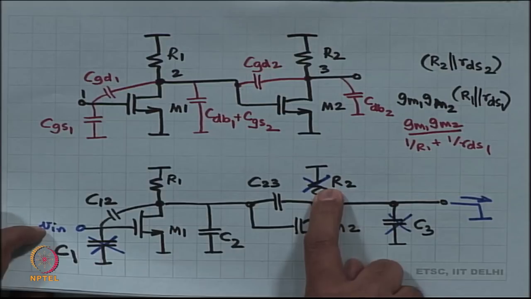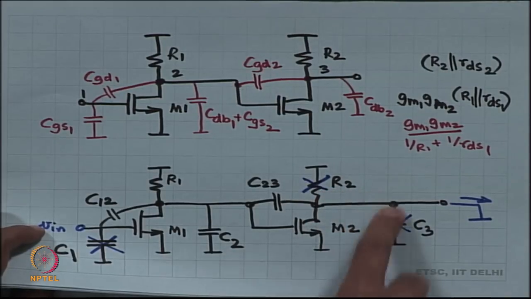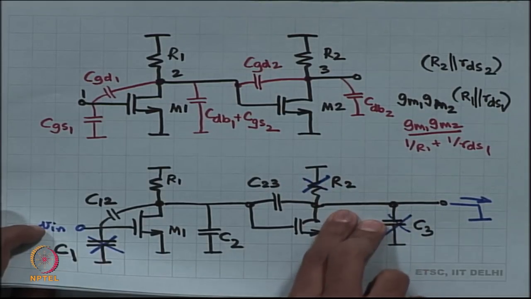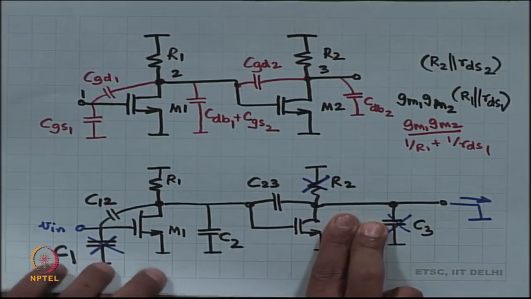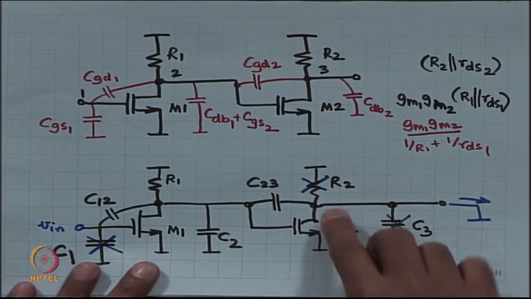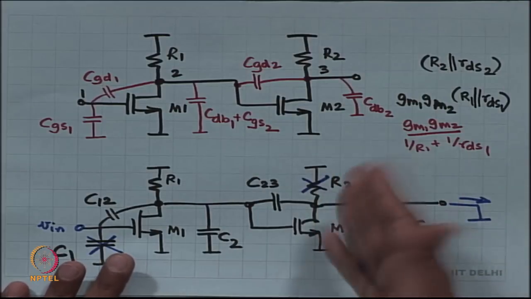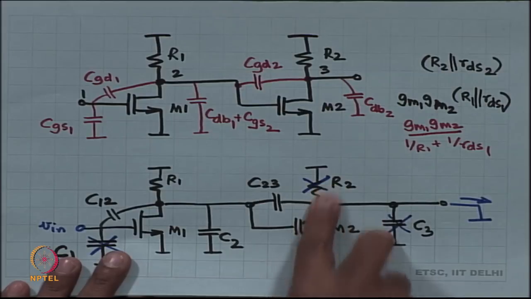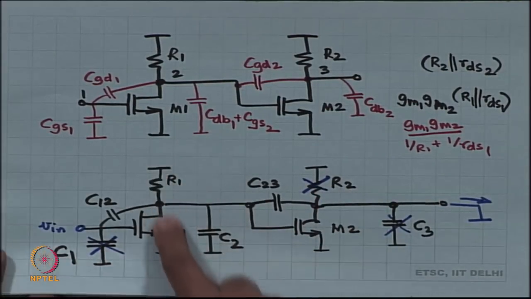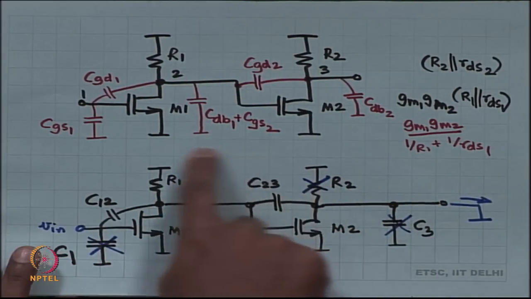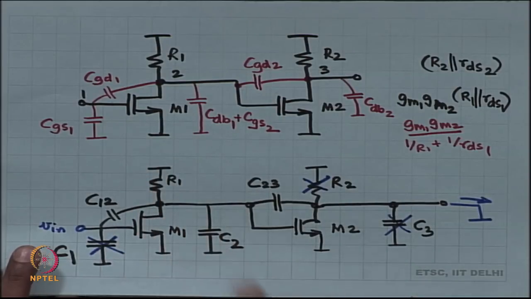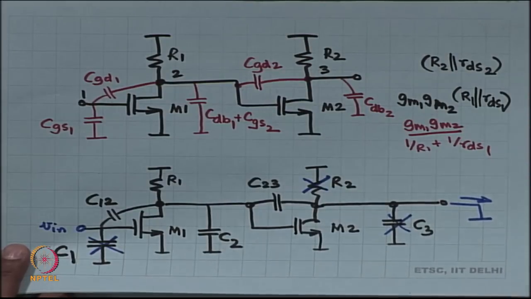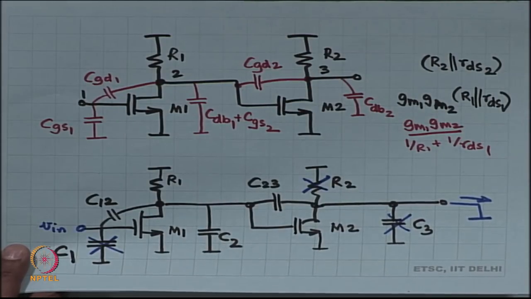So, the resistance at this node and the capacitance at this node, they are going to contribute a pole. I do not know what that capacitance, what that resistance is. Resistance is clearly there is some resistance and some capacitance, it is going to contribute a pole. And then the resistance and capacitance at the first node, at node number 2, they are also going to contribute a pole, okay, 2 poles in the system, fine.